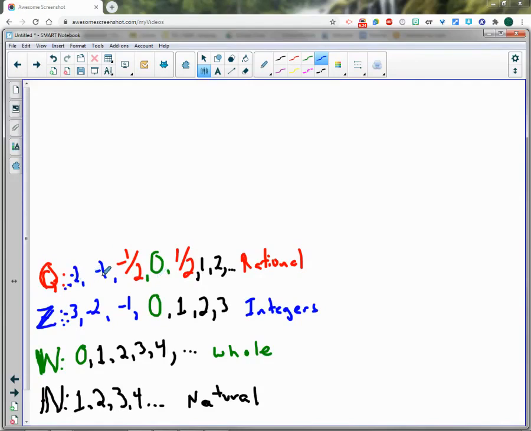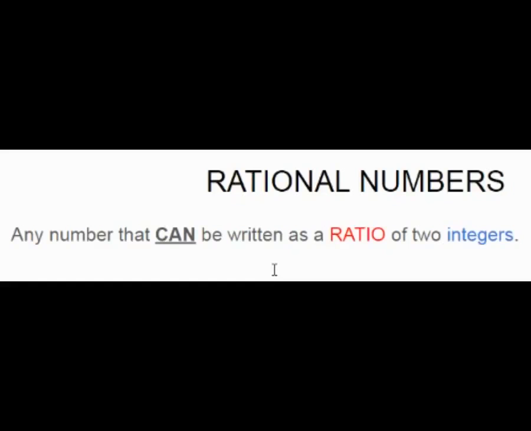Okay, so here's your definition of rational numbers. A rational number is any number that can, I did not say is, but it can be written as a ratio of two integers.